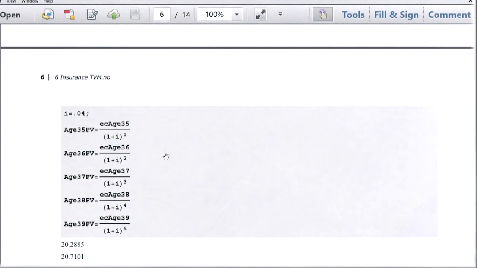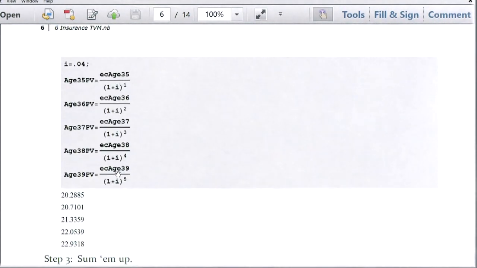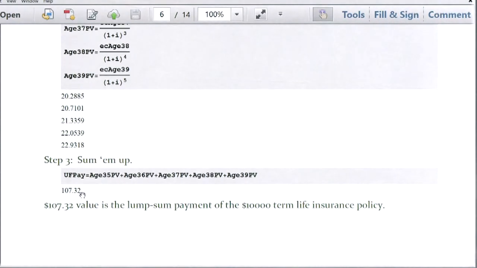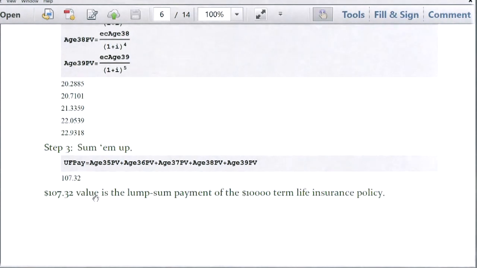If you do all that, which is what's going on here and should be fairly simple to you now, you can see the discounted values at time 35 are all given here, these 5. Once we sum them up, we get 107.32. That is the lump sum payment that is due at 35 for this policyholder to be covered for a $10,000 face value term life policy for the next 5 years.